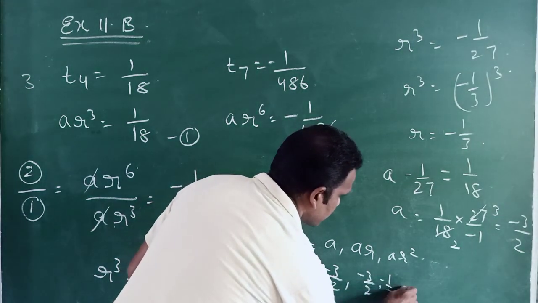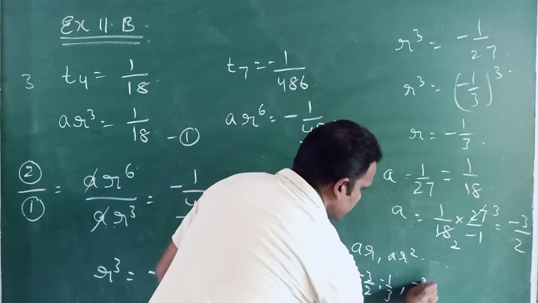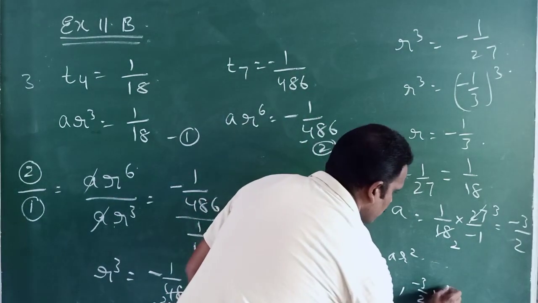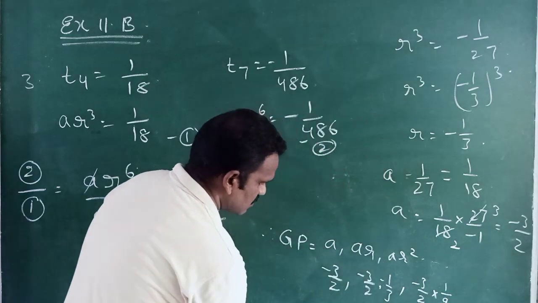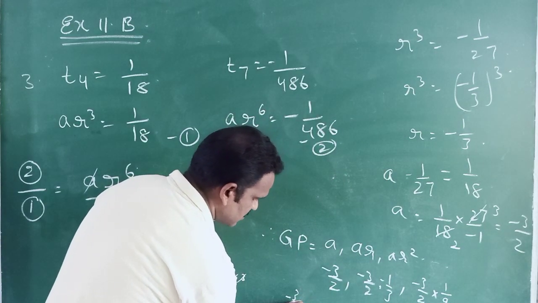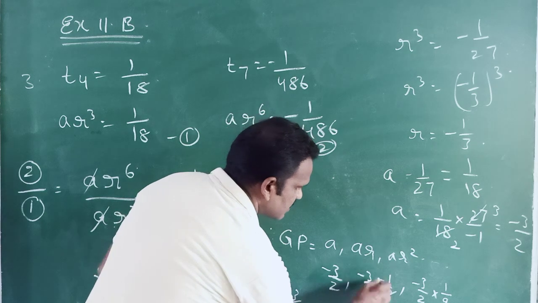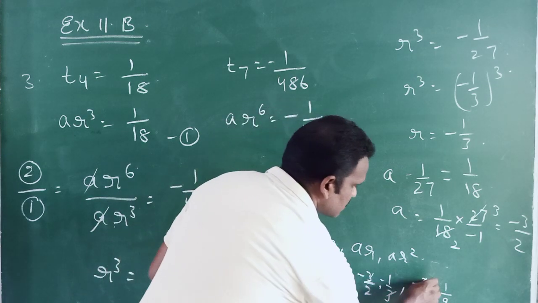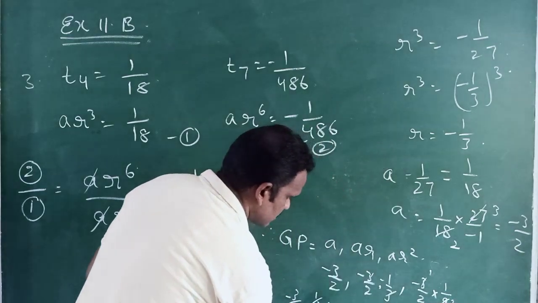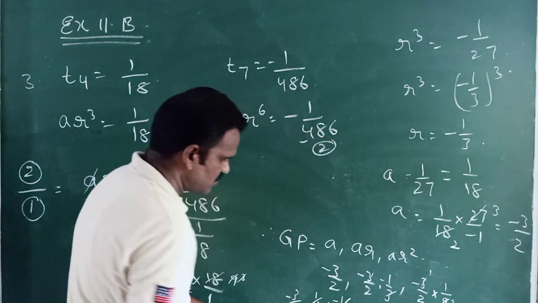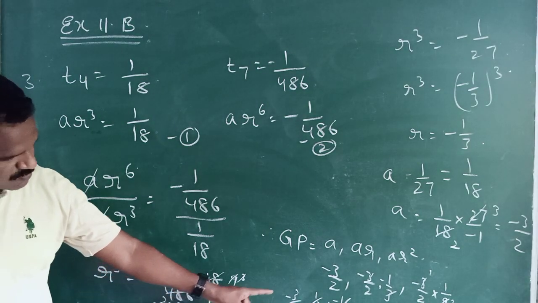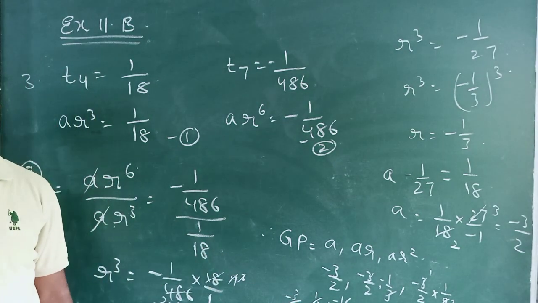Minus 1 by 3. Next, minus 3 by 2 into R square. R square means 1 by 9. Simplify: minus 3 by 2, 3 gets cancelled, minus into minus is plus, so 1 by 2. 3 ones are 3, 3 threes are 9, so we will get minus 1 by 6. So GP is equal to minus 3 by 2, 1 by 2, minus 1 by 6.